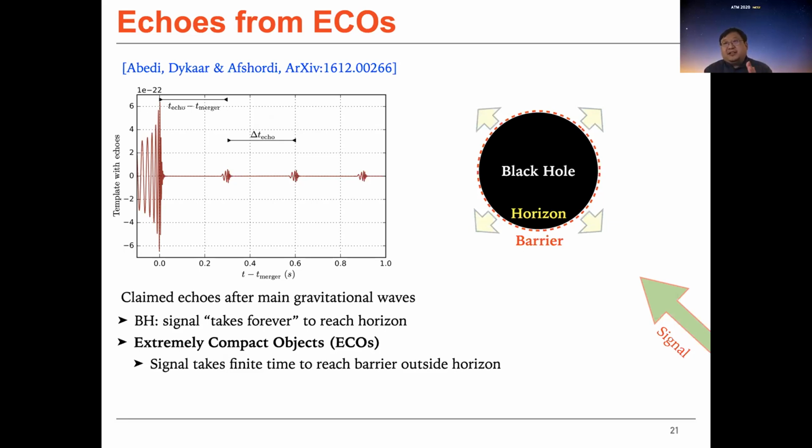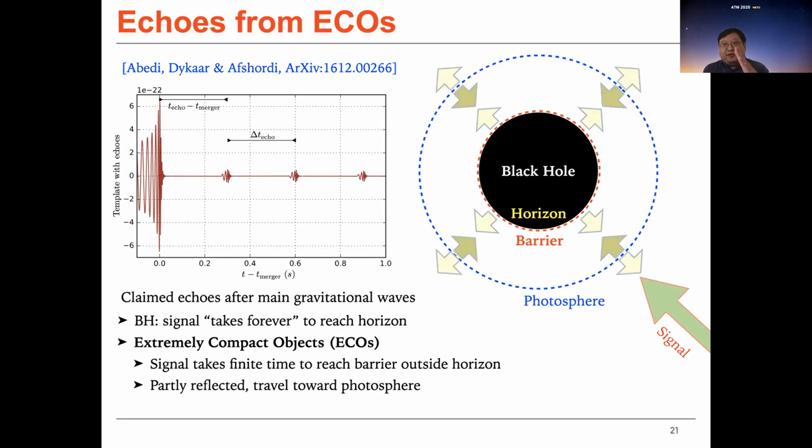But then these reflected waves get turned back by the photosphere of the black hole, and only some of them will pass through the photosphere. One way to think about it is that the gravitational wave packet gets reflected from the barrier and tries to escape the black hole, but a lot of them cannot escape because they're not propagating directly along the radial direction.